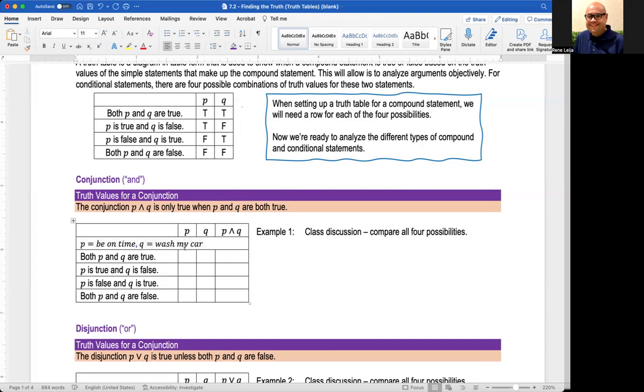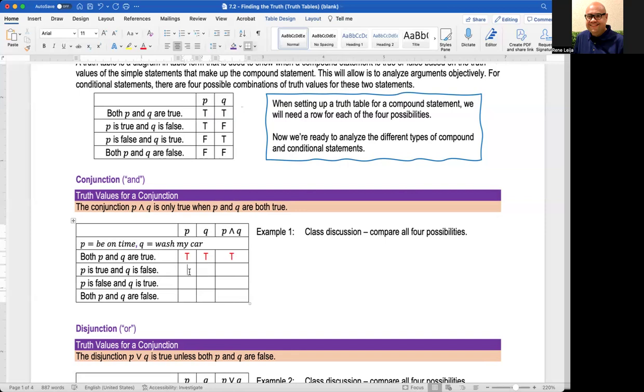I'll give you a raise if you come to work on time and wash my car. So the only time that you get a raise is when you do both of those things. Were you on time? Yes, that's true. Did you wash my car? Yes. Okay, then I'm going to give you a raise.